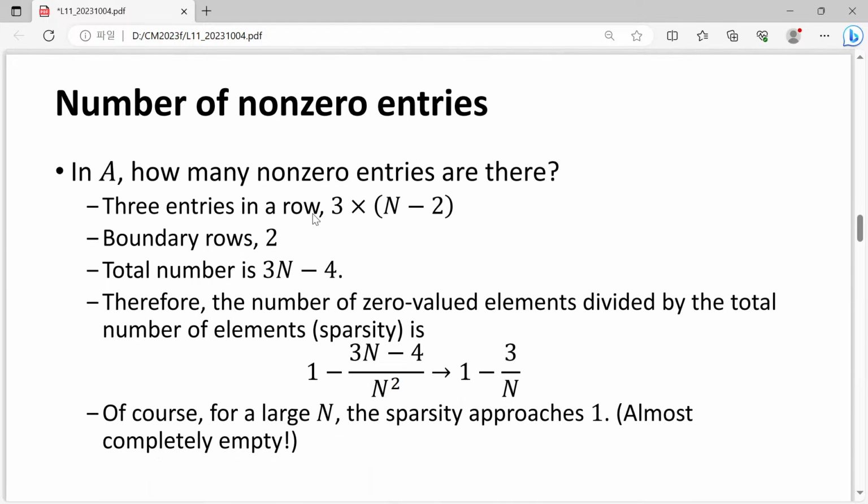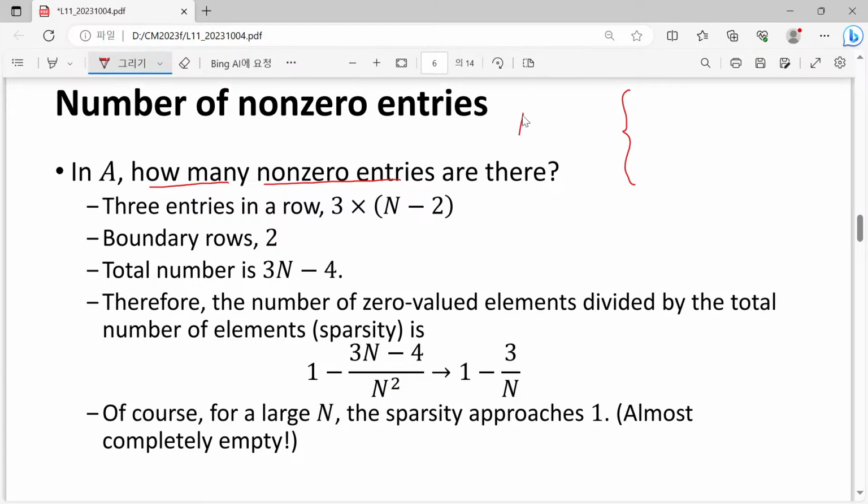So let's think about the number of non-zero entries in this matrix A. How many non-zero entries are there? You can see that there are n rows. Among them, we must neglect the first one and the last one because they are assigned to boundary conditions.